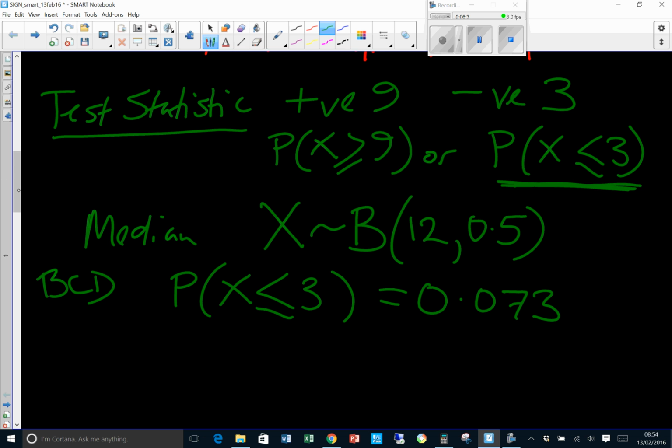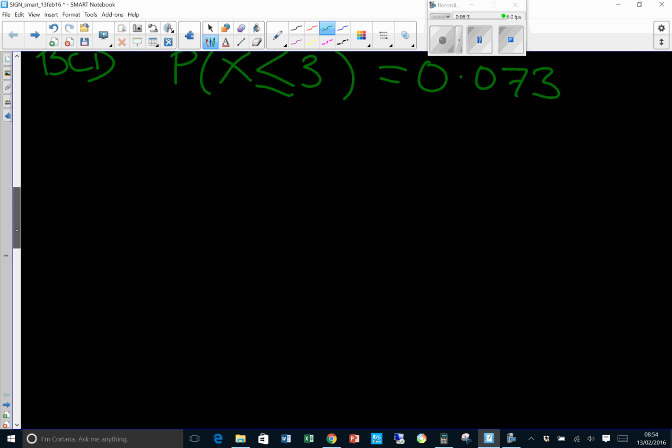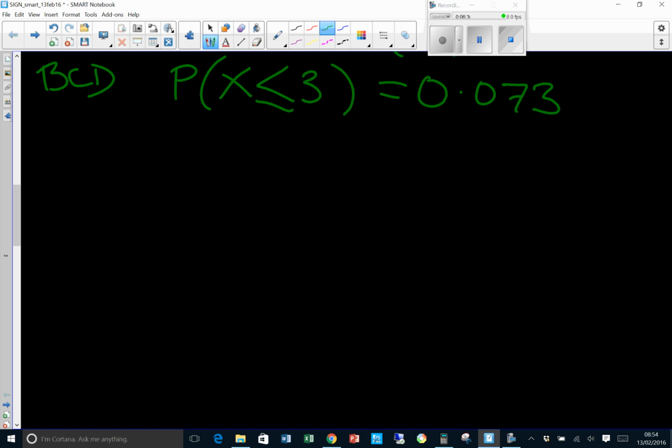What do we need next? We need our critical value. In the sign test, our critical value is going to be our significance level.